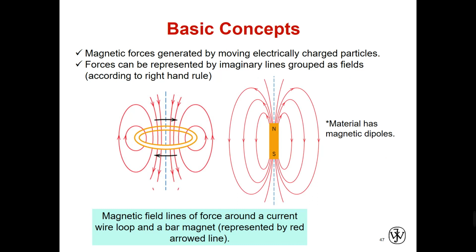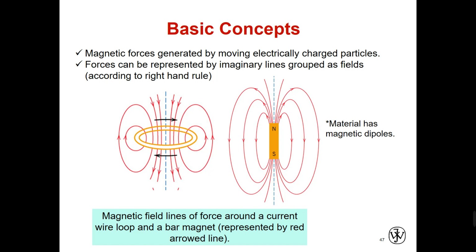Basic concepts. Number one, magnetic forces are generated by moving electrically charged particles, and forces can be represented by imaginary lines grouped as fields according to the right hand rule. We know that material has magnetic dipoles, north or south: magnetic field lines of force around the current wire loop, and a bar magnet on the right hand side.